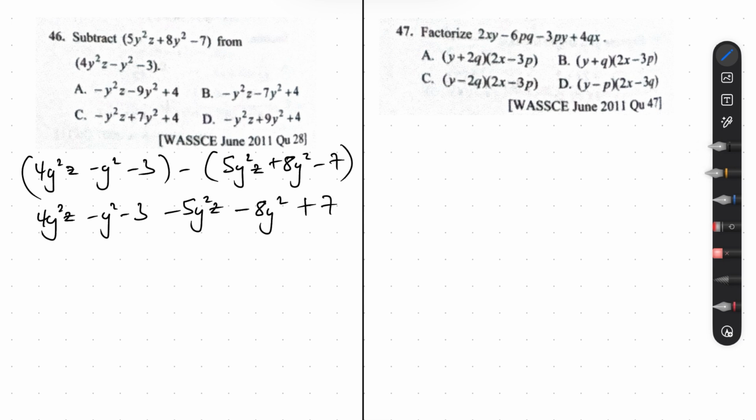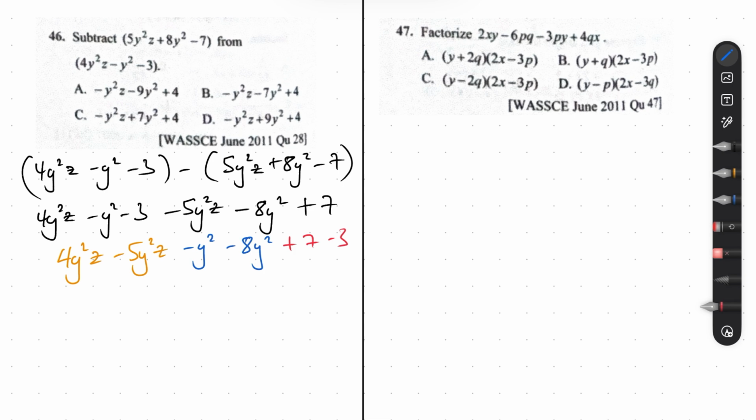Okay, cool. And this is looking messy, so let's group like terms. First, let's group the y squared z terms: y squared z minus 5y squared z. That's one term. Then we group another term, the y squared term, which is minus y squared minus 8y squared. And finally, we group the constant terms, plus 7 minus 3.